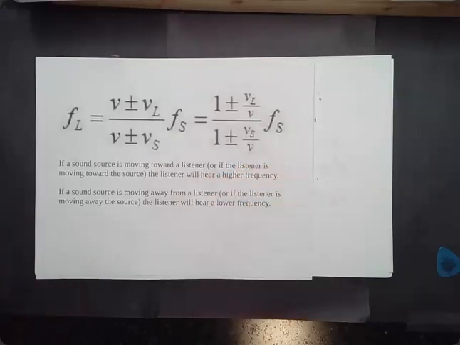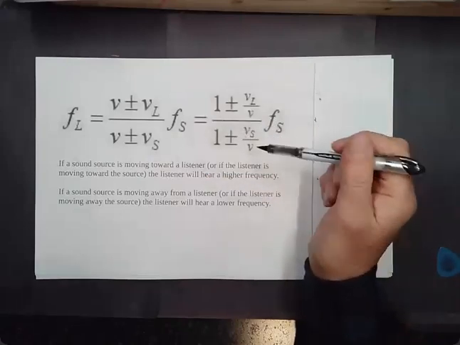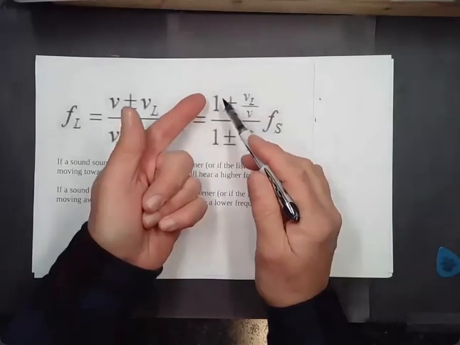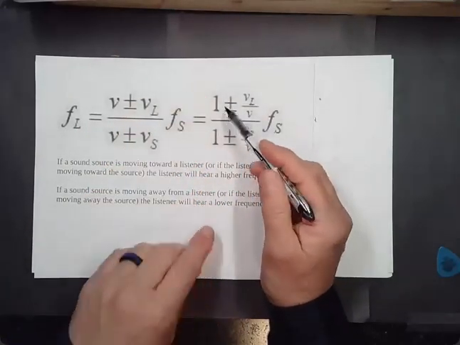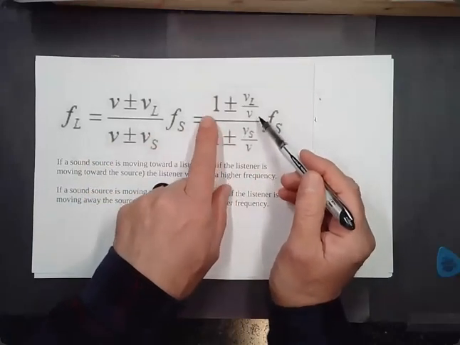I'm surprised it isn't in your textbook, because I remember using a textbook that it was in, but it's been a while. Anyway, okay, but how to use this? Oh, and by the way, if you multiply top and bottom of this by 1 over the speed of sound, 1 over V, the formula turns into this.